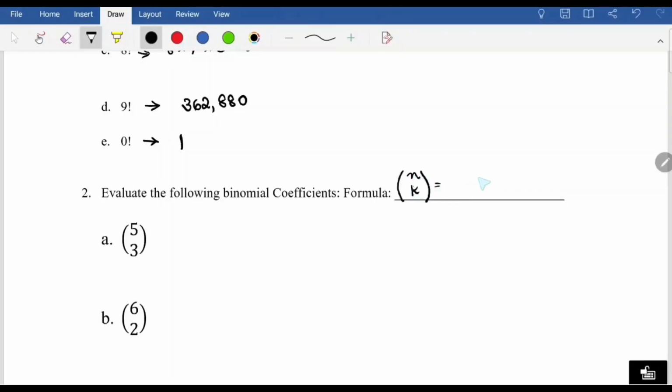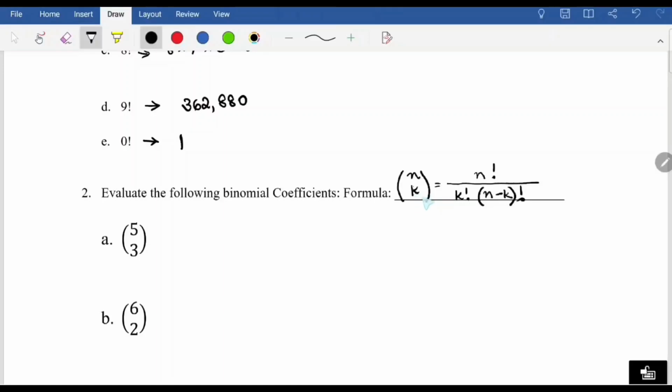The formula for it is n factorial in the numerator, and then k factorial times n minus k factorial in the denominator. Again, in many places, you will see instead of k they have an x.